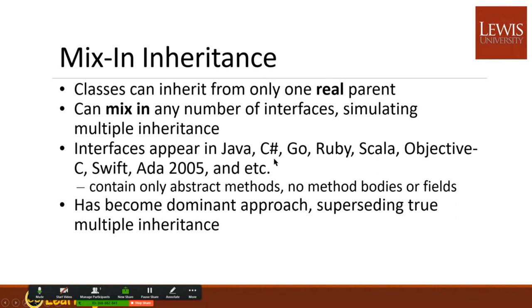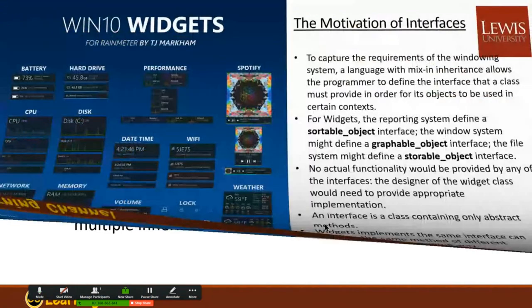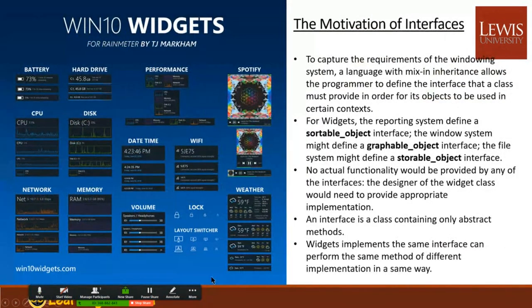Interfaces appear in Java, C#, Go, Ruby, Scala, Objective-C, Swift, Ada 2005. So it's a newer feature. Mixin inheritance has become the dominant approach because it handles inheritance better, without confusion. And the languages that allow multiple inheritance need to have a mechanism to resolve conflicts.